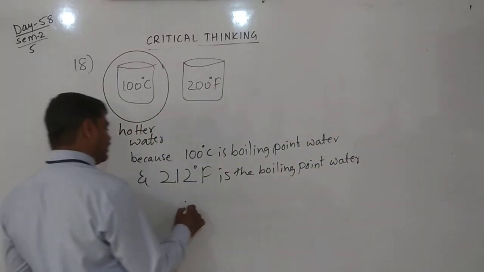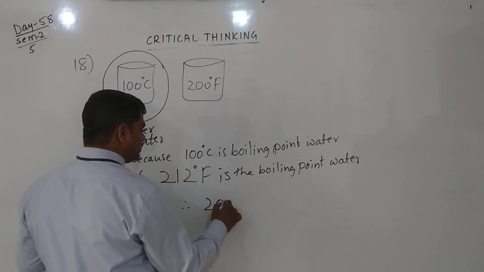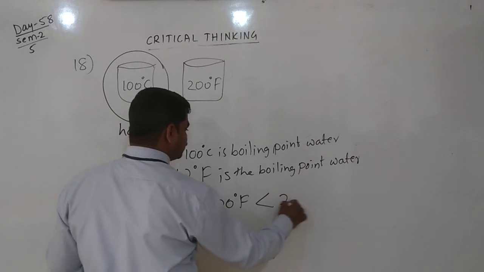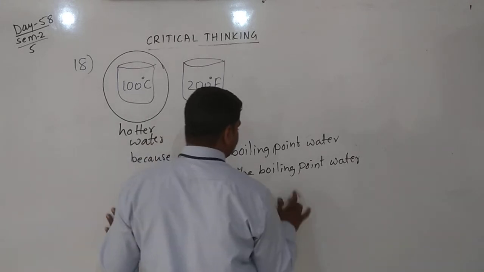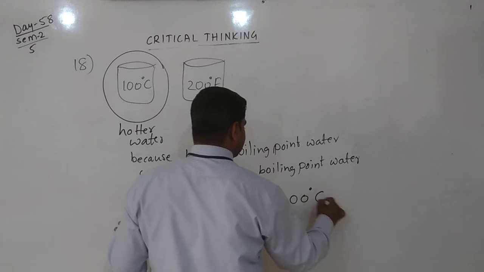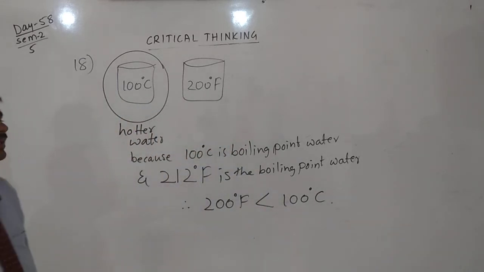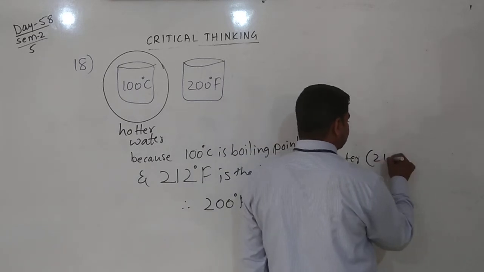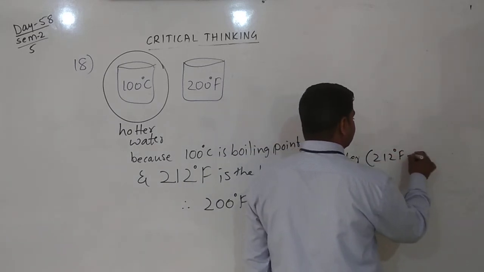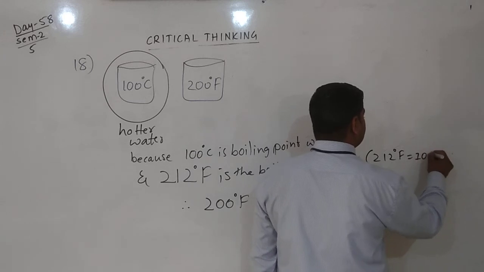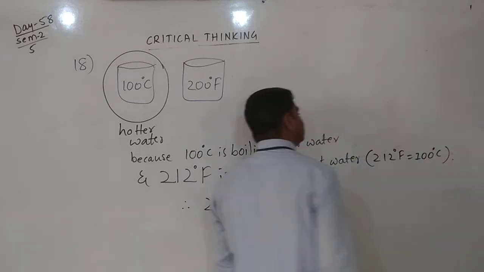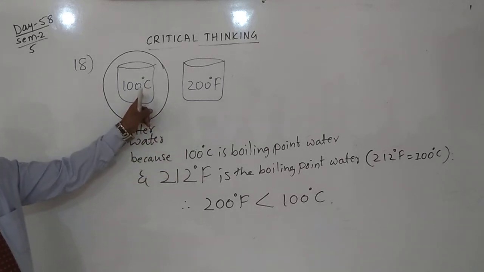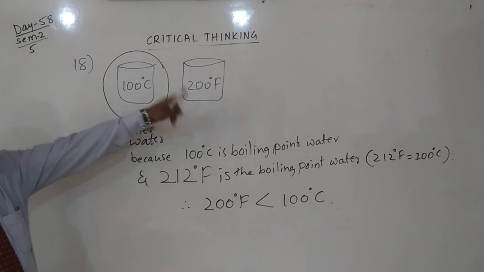Therefore 200 degree Fahrenheit is lesser than 100 degree Celsius, because 100 degree Celsius is equal to 212 degree Fahrenheit.